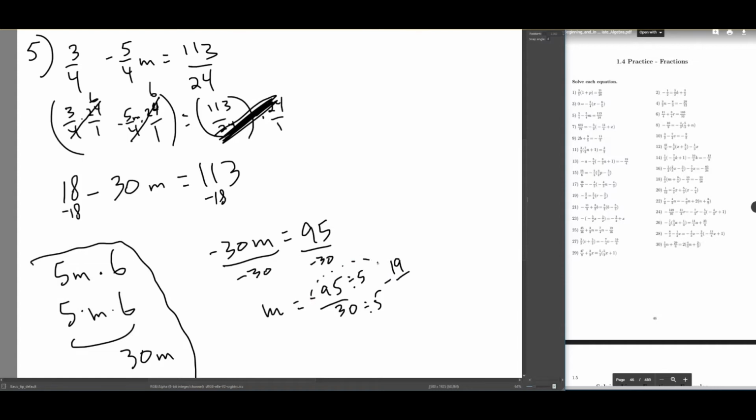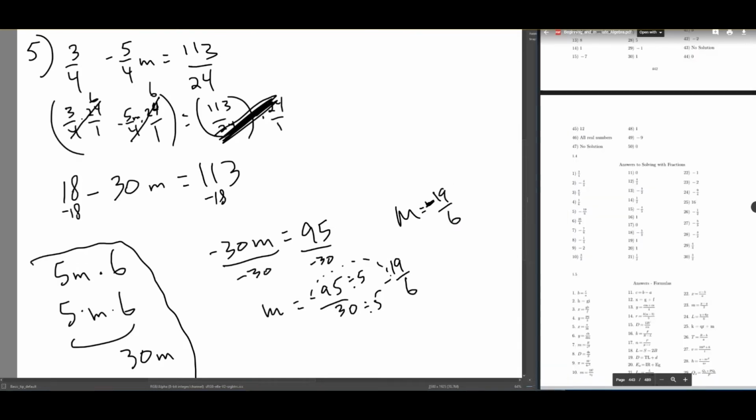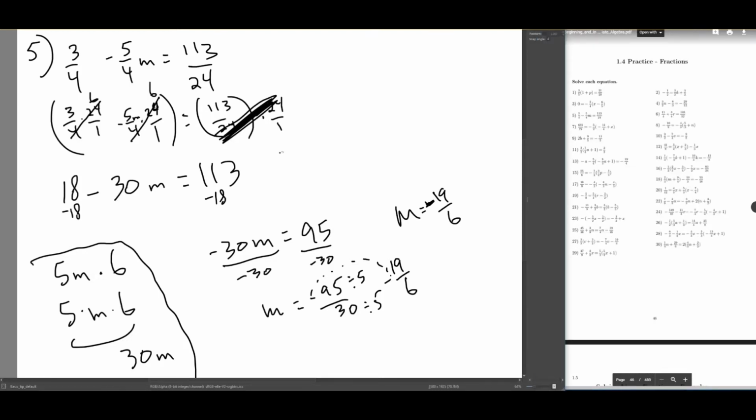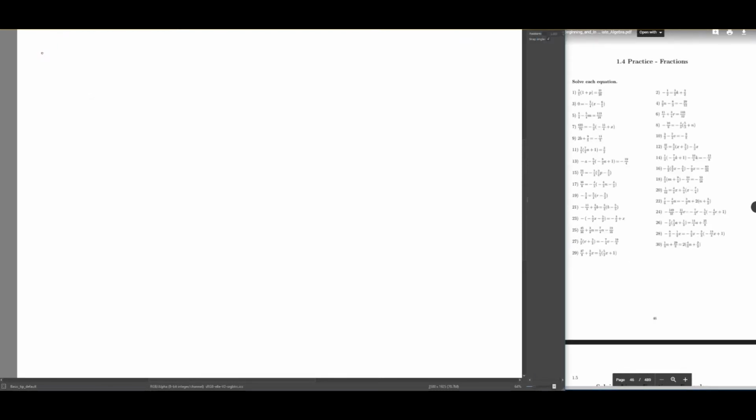Both the top and the bottom by 5, I should rather say. So I believe that gives 19. Don't forget to carry over the negative sign. 30 divided by 5 equals 6. Can't do much more with that. M equals negative 19 over 6. Is that the right answer? Yes, it is.